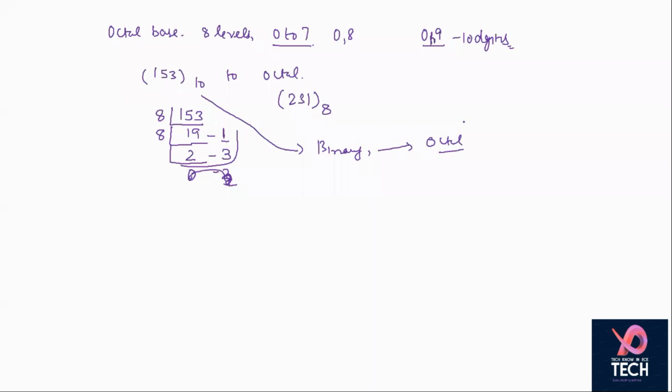So for octal, please note down some numbers for which you're supposed to do the octal conversion. Write down 684 and obtain its binary as well as octal. And tell me what is the relation between these two.